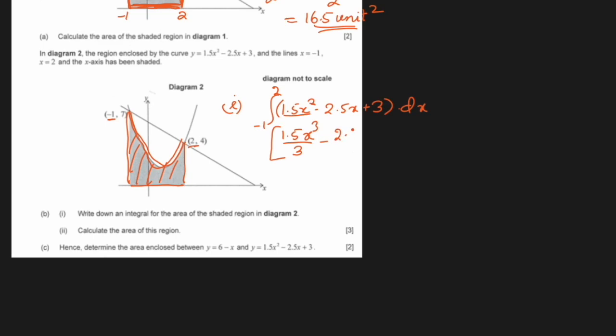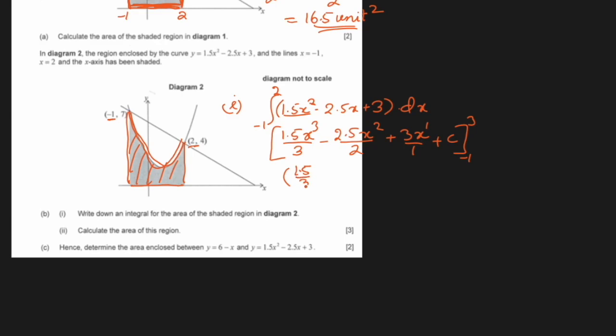Minus 2.5x goes up by 1, same exponent, plus 3, and it has no x, so we can write it as x to the power 0, plus 1, so 1 divided by 1, there is no need, plus c, from negative 1 to 2, and just substitute the values here. I'm going to do that now.